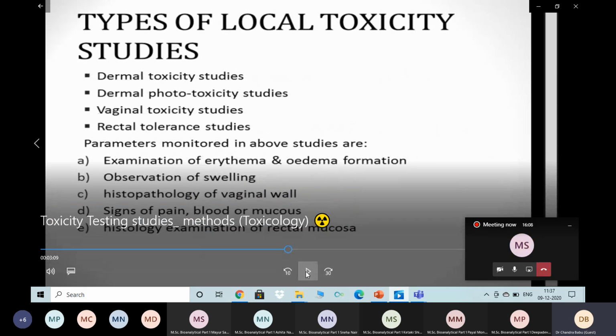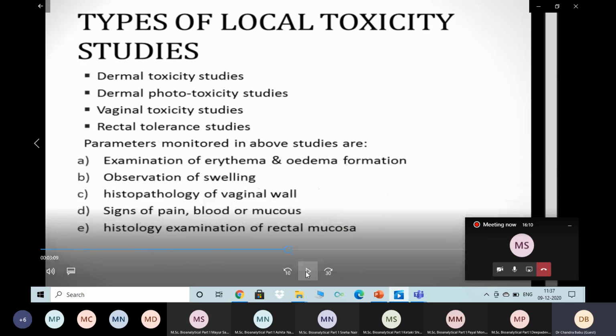So the types of local toxicity studies which we study are dermal toxicity studies, that means skin-based toxicity studies; dermal phototoxicity studies, where you want to know whether the chemical compound makes the skin sensitive to phototoxic effects; vaginal toxicity studies; and rectal tolerance studies.